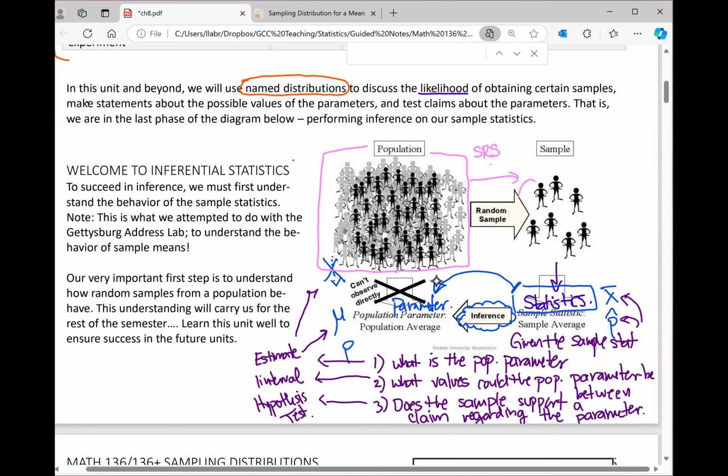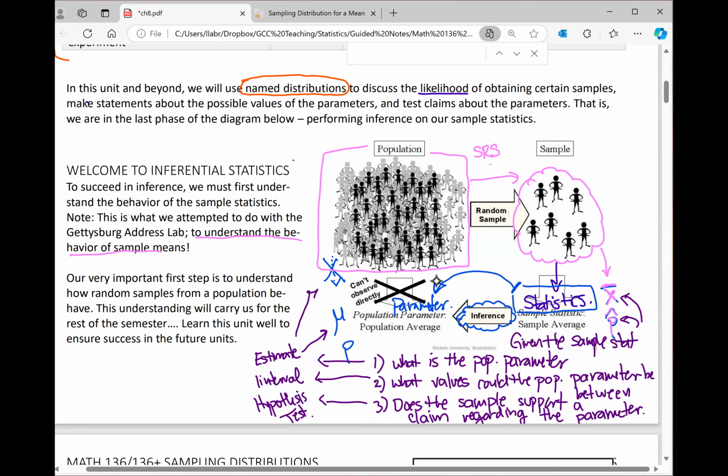We obtain a sample, which is a smaller representation of the population, and then we compute the sample mean or the sample proportion. In reality, you could compute any statistic. These are the two main statistics we're going to focus on. And notice that the question is, how do random samples from the population behave? So we need to understand the behavior of these sample statistics.